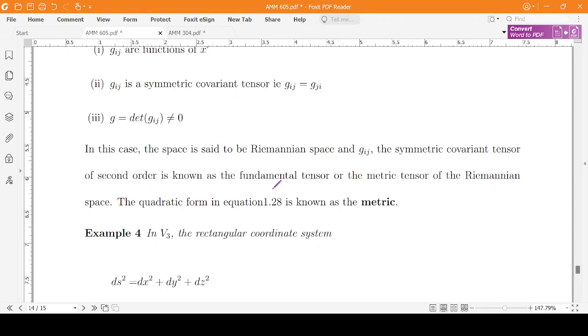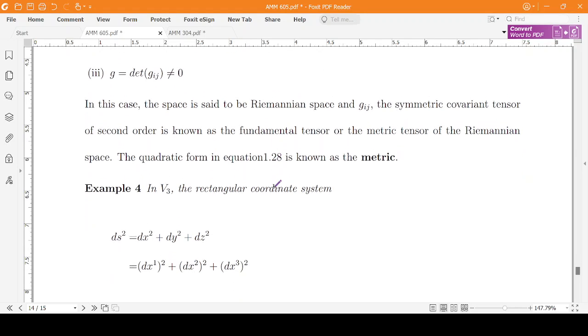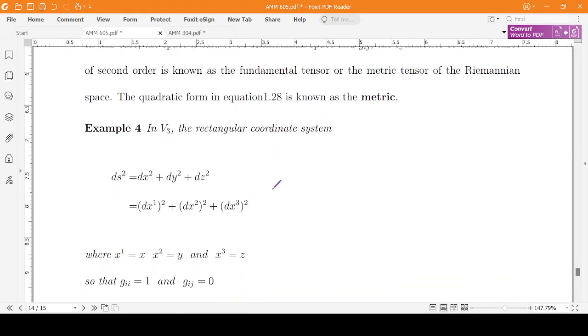And we can have some examples. In 3 dimensions, the rectangular coordinate system, we have that the distance between 2 points, ds, is given by, this is basically the Pythagoras theorem in 3 dimensions, where we have x, y, z.